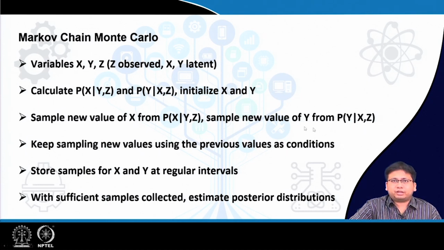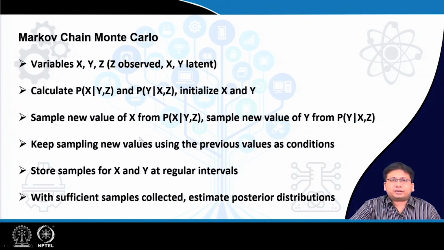Next, we sample a new value of y from this conditional distribution using the new updated value of x which we just obtained from the sample. And we keep on alternating this process. Once we get a new value of x based on y and z, we then get a new value of y based on x and z, and this process keeps on repeating.